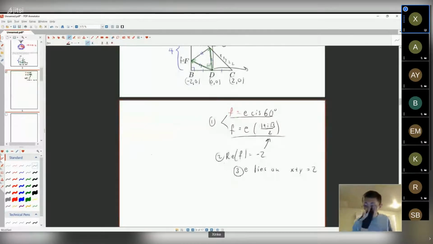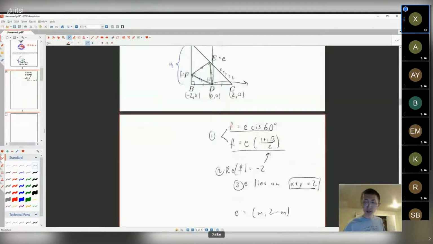Okay, so then I guess we should compute. We might as well just use as few coordinates as possible, right? So E lies on this line, so we'll just say it has coordinates M and 2 minus M, because that's what it means to lie on this line.